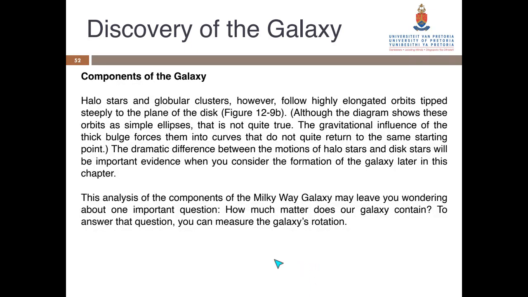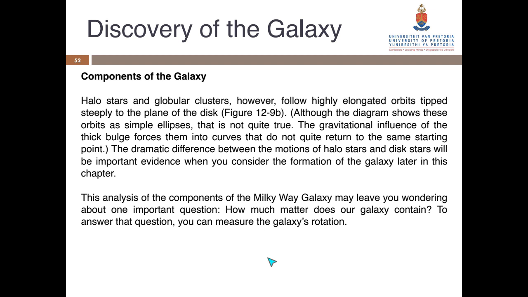Although the diagram shows these orbits as simple ellipses, that is not quite true. The gravitational influence of the central bulge forces them into curves that do not quite return to the same starting point. The dramatic difference between the motions of halo stars and disk stars will be important evidence when you consider the formation of the galaxy later in this chapter.